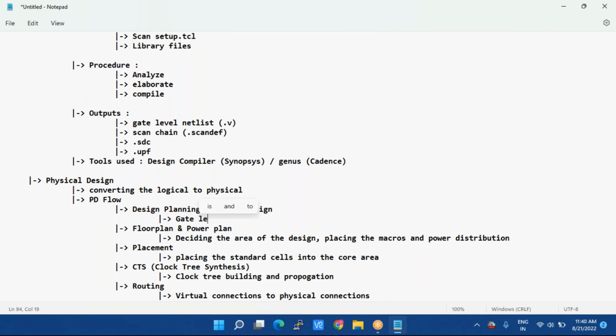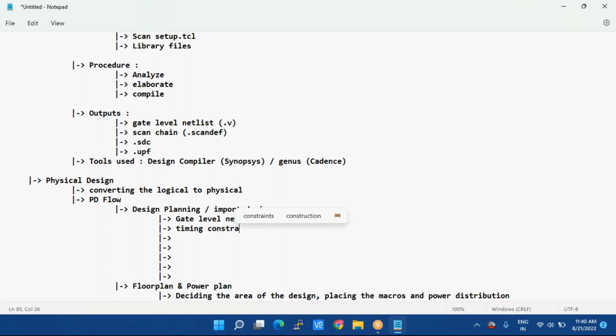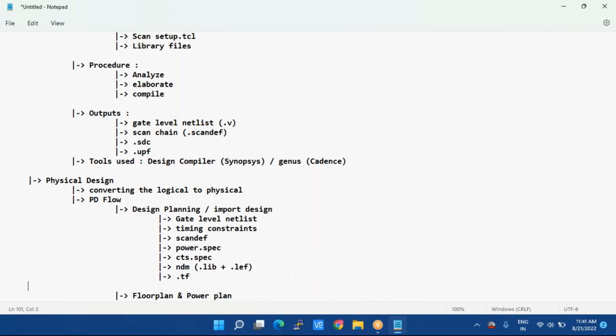The outputs of synthesis, that is the gate level netlist, timing constraints, SCANDEF, power spec, CTS spec, NDM, .lib, and .lef, .tf, .tdf.